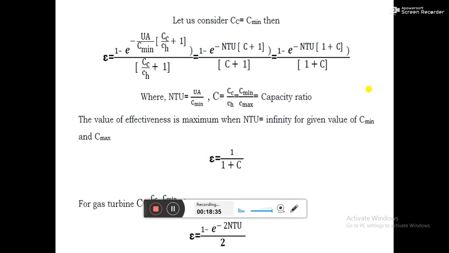Now, in the above equation, for the sake of simplicity in designing the heat exchanger, let us consider the heat capacity of the cold fluid as minimum. It may be the hot fluid or the cold fluid, but for the sake of derivation, we are considering the cold fluid as having the minimum heat capacity. Then from equation number 9, we get effectiveness equals 1 minus e to the power of minus UA.